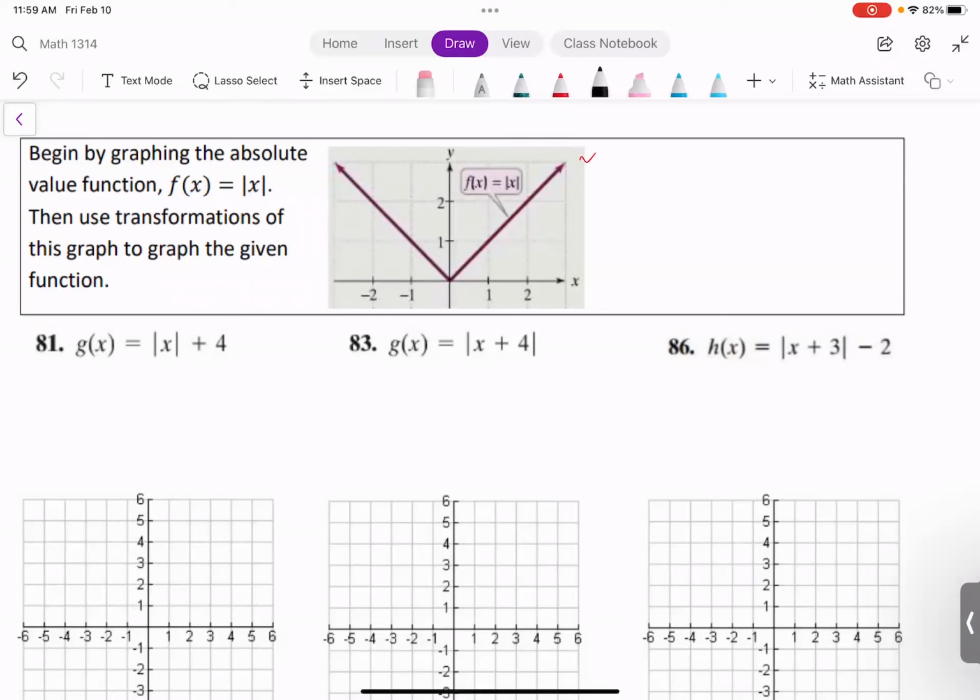For example, if I plot the x value equals -1, f of -1 equals absolute value of -1. That is +1. How about f of 0? Absolute value of 0, that is 0. You remember that for the absolute value of a positive or negative number, we must have a positive number.